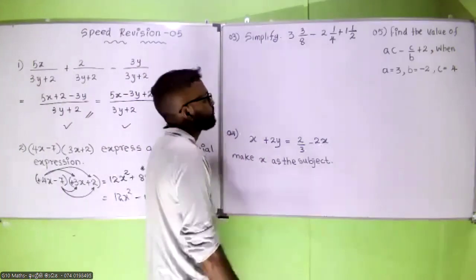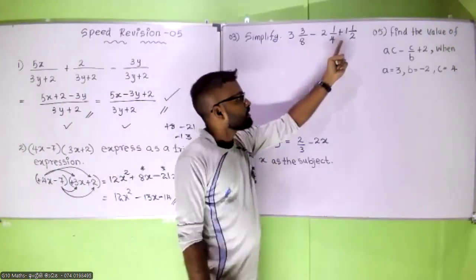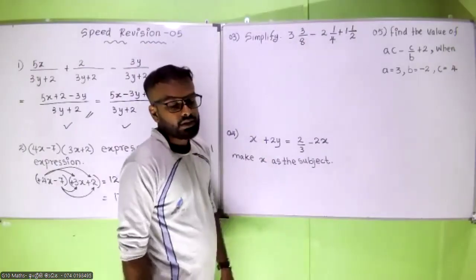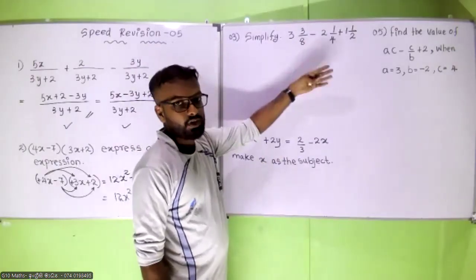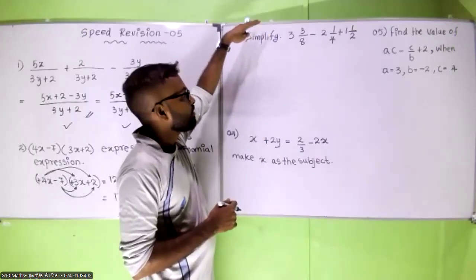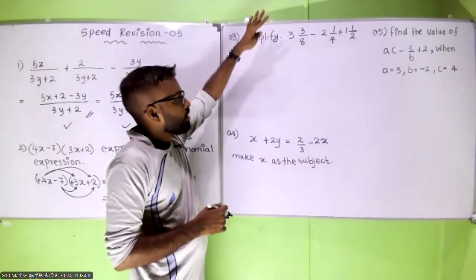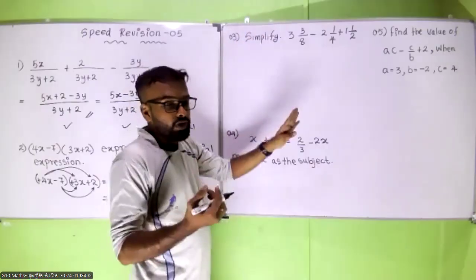This one, simplify. Mixed number, mixed number, mixed number. Three mixed numbers. Before you simplify this one, mixed numbers should be converted into improper fractions. Or there are two ways.